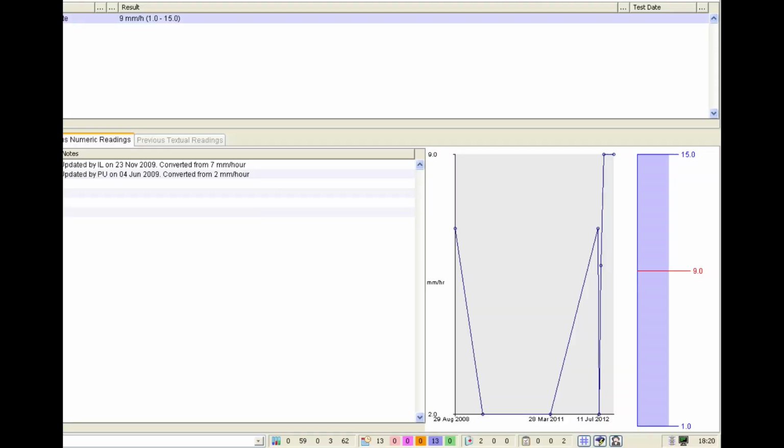And there is some very rudimentary graphing that often is misleading. It's actually dangerous in one of the systems, because if there's no result, it will plot the point of zero. So you get this jumping around.